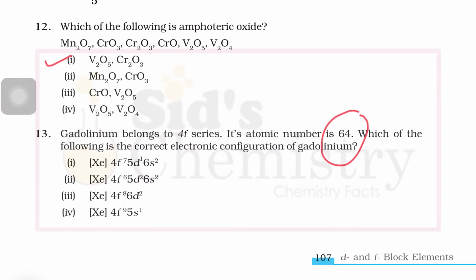In all the given electronic configurations they have filled 10 electrons, but the correct one for gadolinium is option number 1, that is xenon 4f7 5d1 6s2. It is a typical electronic configuration which involves a d orbital in its ground state. So we have to follow option number 1 for the correct electronic configuration of gadolinium.